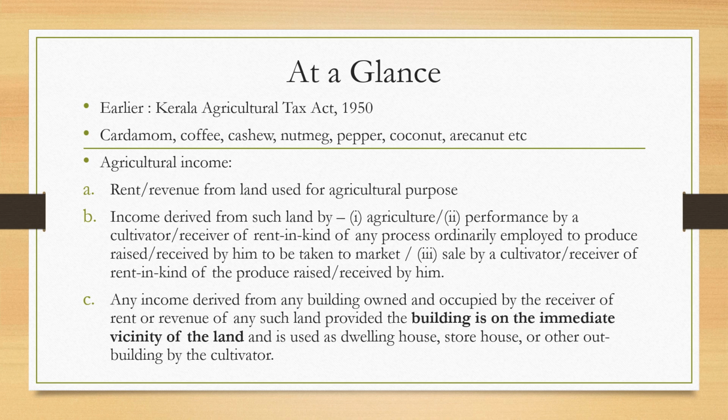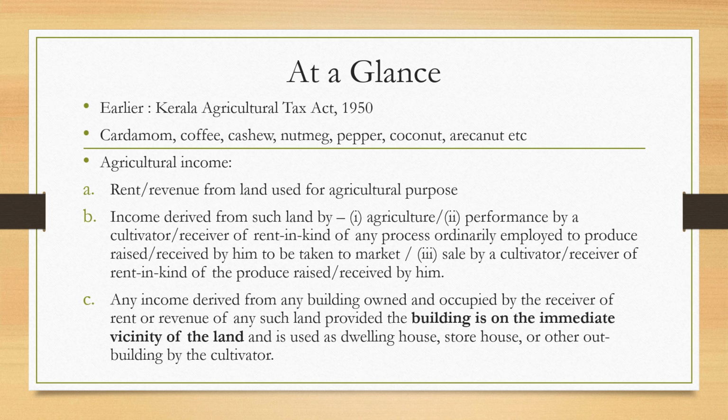tax. Now, agricultural income. Agricultural income is defined as any rent or revenue derived from land used for agricultural purposes. It can be any income derived from such land through agriculture, or the performance by a cultivator or receiver of rent in kind of any process ordinarily employed to render the produce raised or received by him fit for the market.